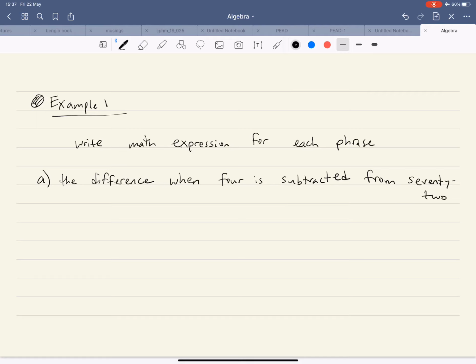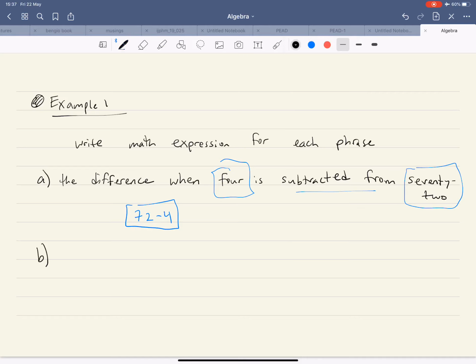Okay. Well, we're taking a difference, and that difference is between 72 and 4, and 4 is being subtracted from. So that's going to be 72 minus 4. And I'll box my answer.